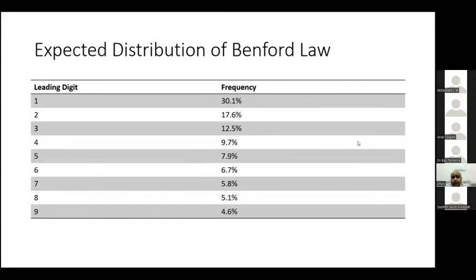For 2 on the leftmost side, it is a 17% chance. 3 is 12%, 4 is 9%, 5 is 7%, 6 is 6.7, then 7 is 5.8, 8 is 5.1, and 9 is 4.6. And if this pattern is violated, there is a chance of manipulation.